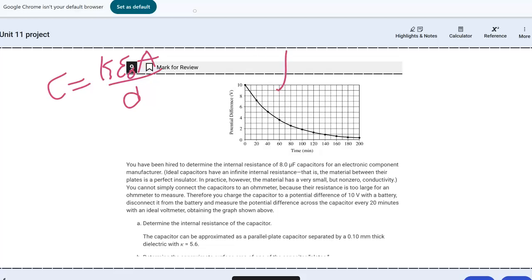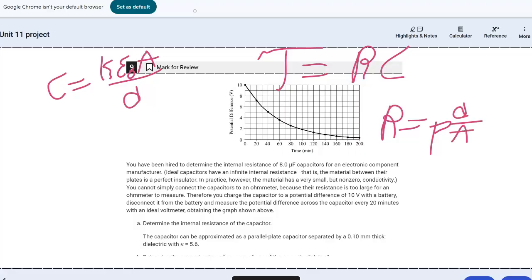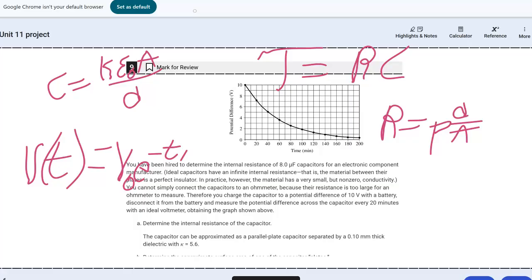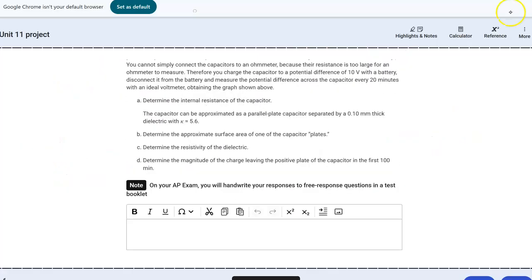We're gonna need to know this again: RC, and then also that resistivity, A. And then the discharge equation, V of time, RC, and our charge. And that's all we're gonna need to know to do this.